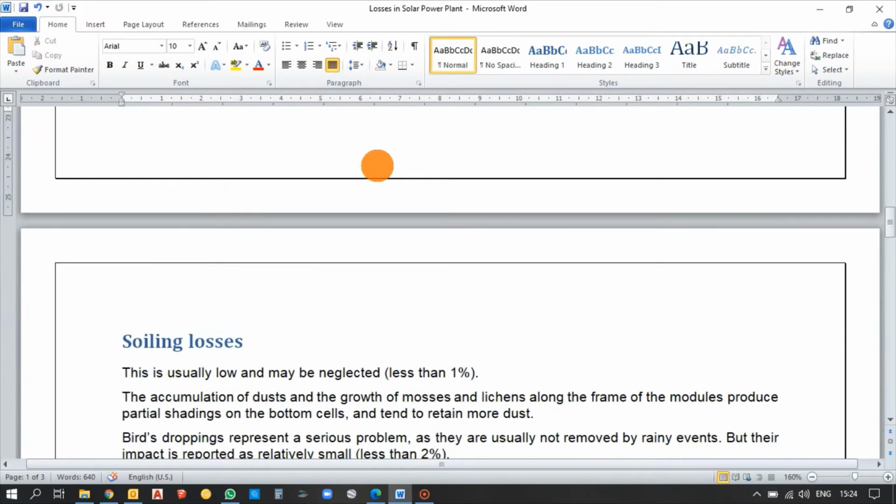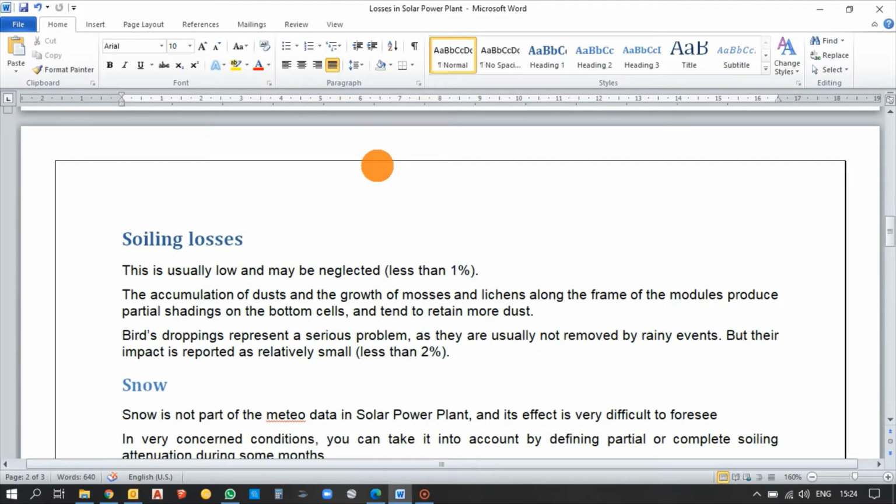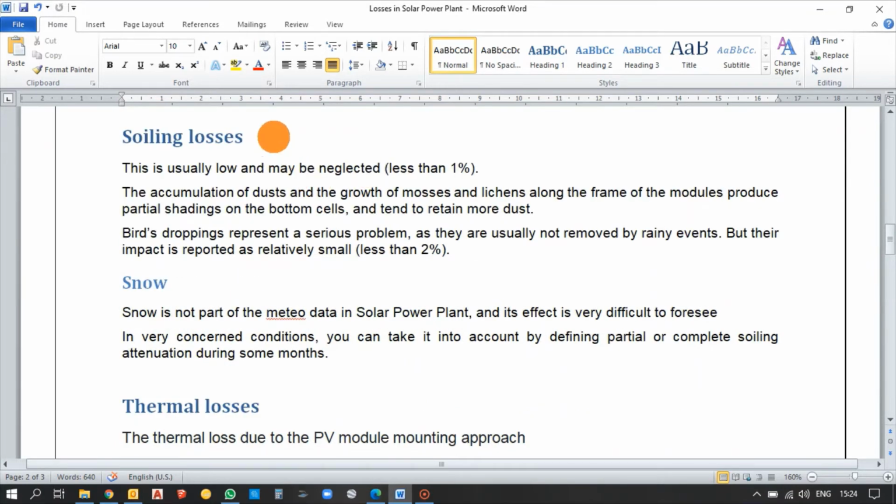And next comes the soiling losses. Soiling losses are negligible, less than 1%. This is due to accumulation of dust or mud particles on the module. This causes a shading effect, and the module will not be able to perform at 100%.